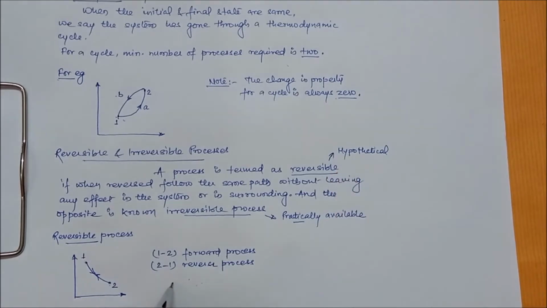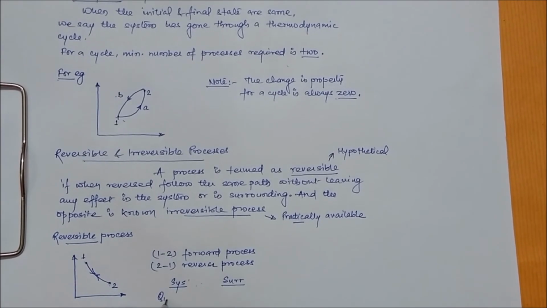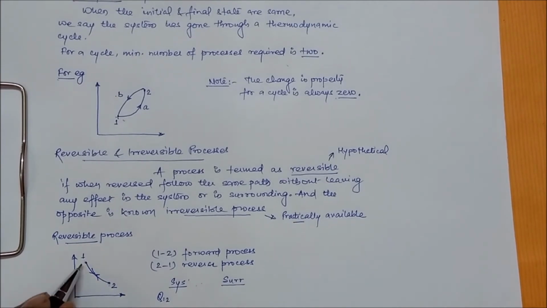Now, suppose there is some heat transfer from the system to the surrounding, or interaction between the system and surrounding in respect of heat. I have to see whether this process, when reversed, leaves any effect on the system or surrounding or not. So suppose there is a heat interaction Q12 from 1 to 2.